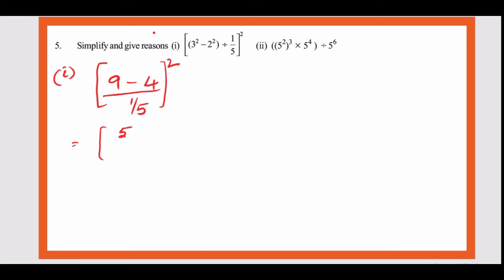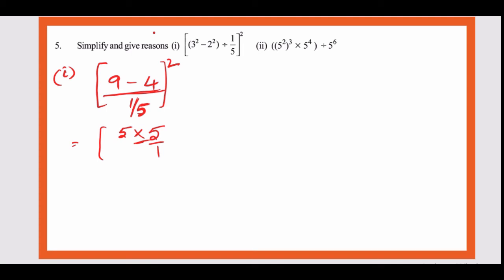See here, in the denominator we are having a fraction, right? Whenever you have a fraction in the denominator, when you want to bring it to the numerator, you need to write its reciprocal and multiply. Understood?